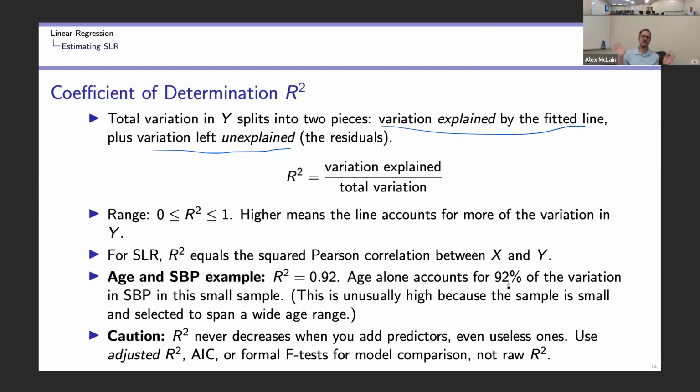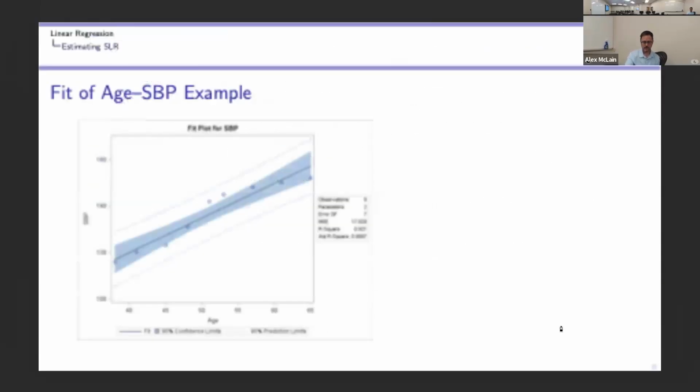Now that's an insane amount of variation to explain in systolic blood pressure from age. So it's just an example here, and we'll see in the Framingham data how much it explains. This is our small sample of data, and you can see that it's cherry picked to fit the data particularly well, with our R squared value of 0.92 here.